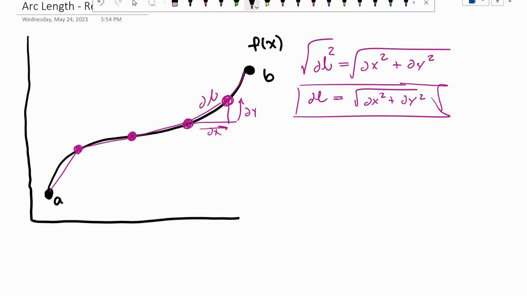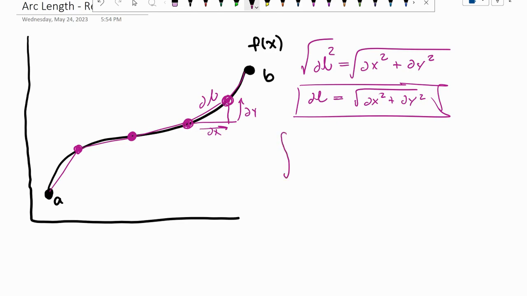Now, how do we add up all of these lengths using a formula? Well, we have learned from finding the area under a curve that in order to accumulate infinitesimally small things, we use an integral.